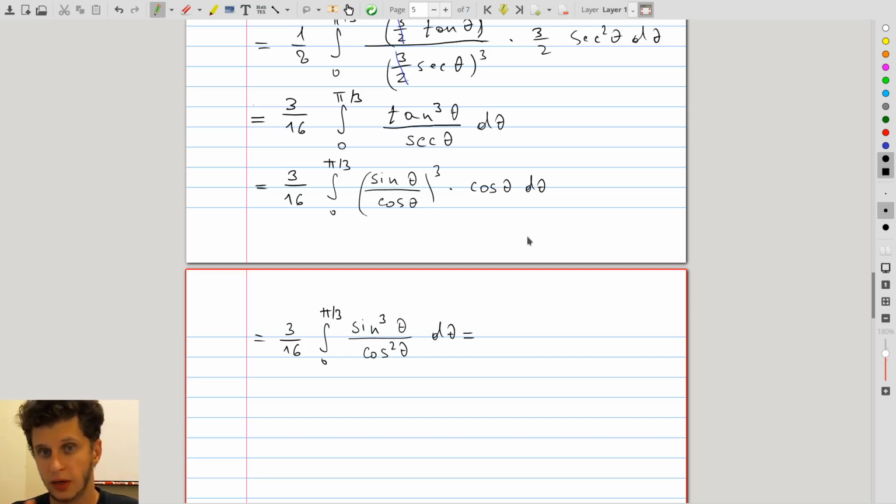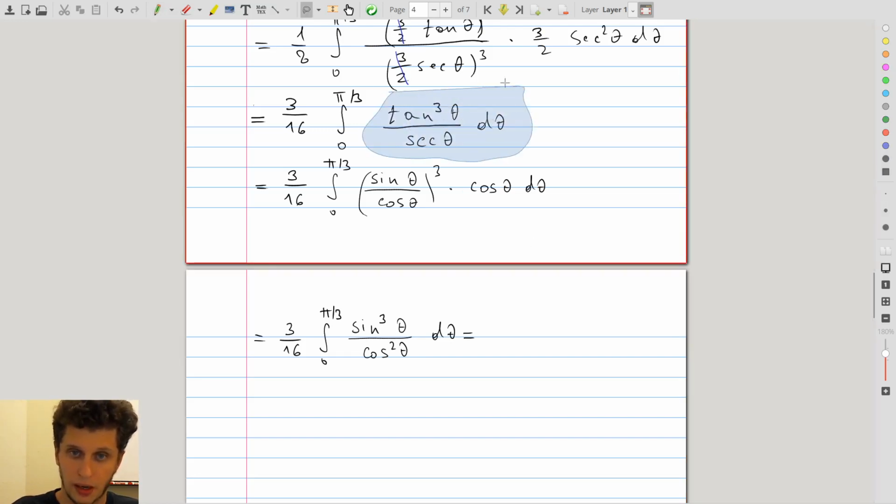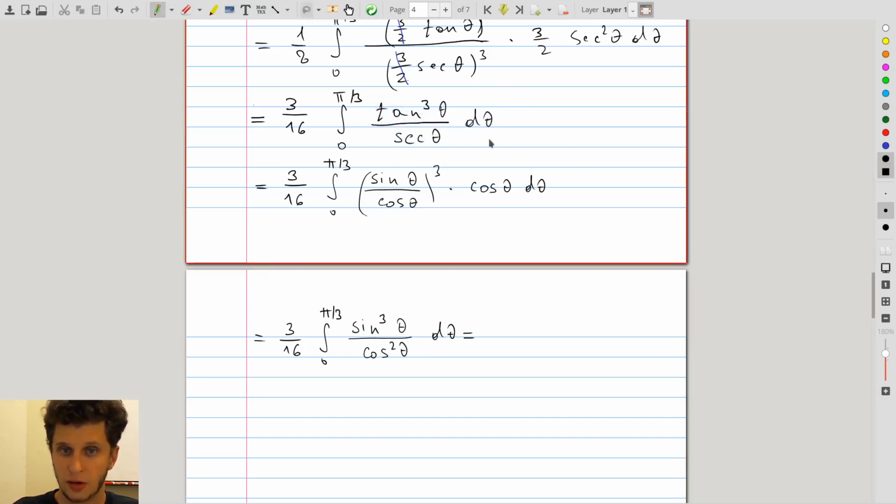Now I could have looked at the previous expression as a product of an odd power of tangent with an odd power of secant, and I could have used secant tangent for du. So that was another possibility. I could have treated this as a trig integral with secant and tangent, but I'm somehow more comfortable with sine and cosine, so that's what I'm going to use.